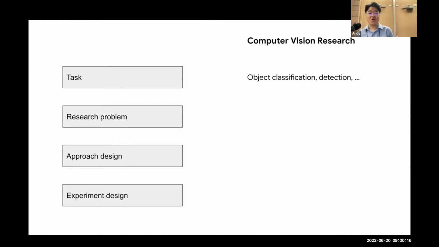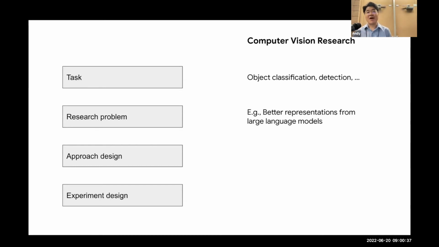It could be something like object classification, object detection, and so on, but you just need to make a decision. And then another component, once you decide on the task, is about the actual research problem, such as learning better representations from large language models, which is a popular topic, and so on.